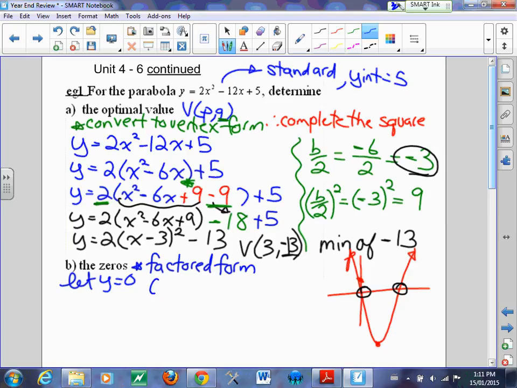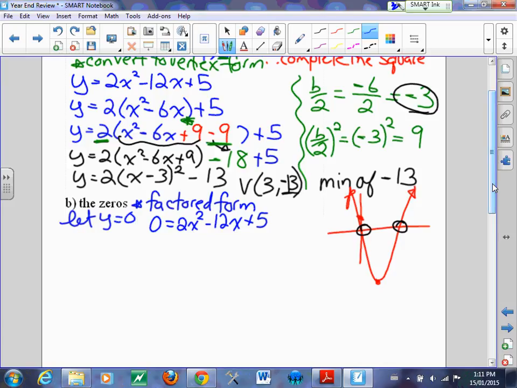So you're going to let y equal 0 because that's how you find your x-intercepts, okay? So we have 0 equals 2x squared minus 12x plus 5. Okay, now that you've got that, you can take a look quickly. I have a product and a sum. So you can try to factor this quickly, or you can simply use the quadratic formula. Remember, the rule is spend 1 to 2 minutes to see if you can factor.